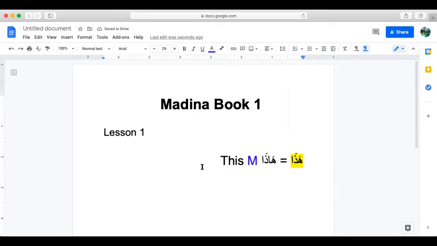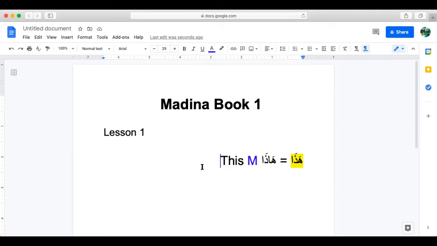So words like man, boy, these all come under the masculine. In Arabic, unlike English, which doesn't have a gender for words, we have masculine and feminine words. The majority of the words in Arabic are masculine, so we begin with the masculine, هذا. We'll go into feminine later on as the lessons progress.